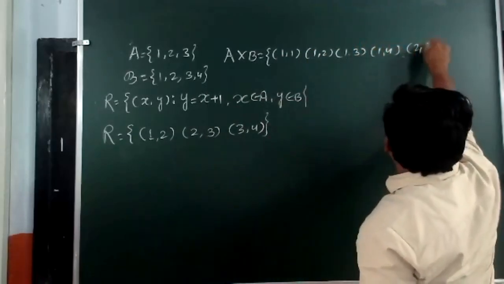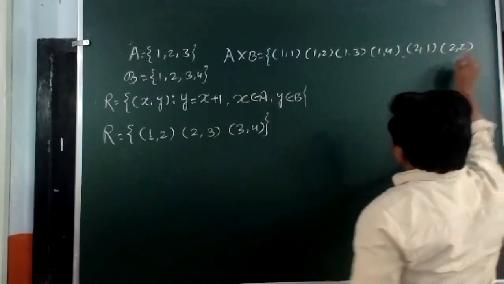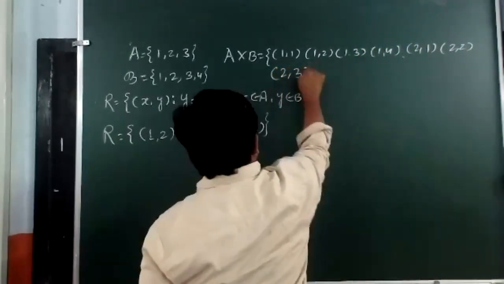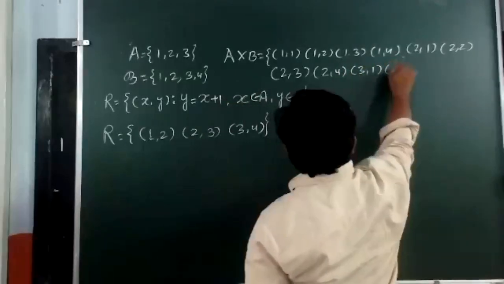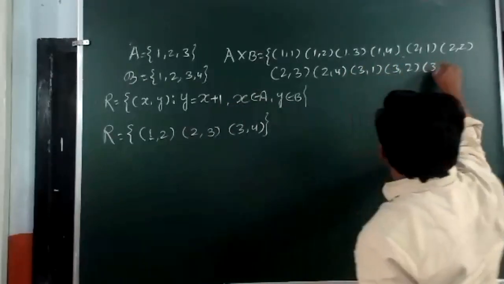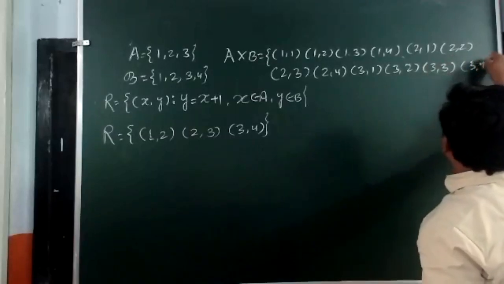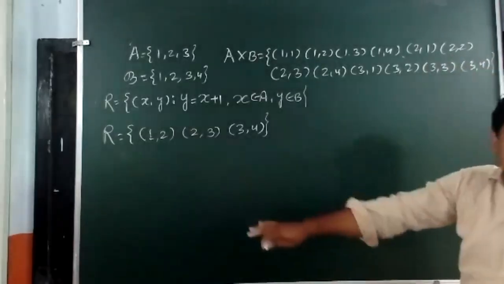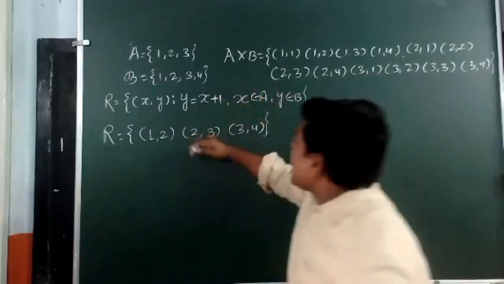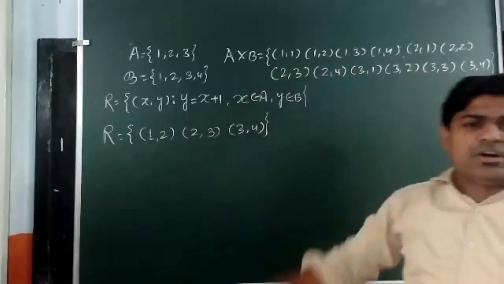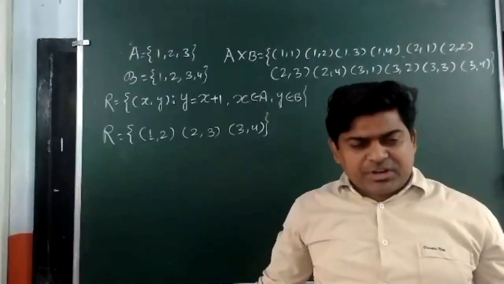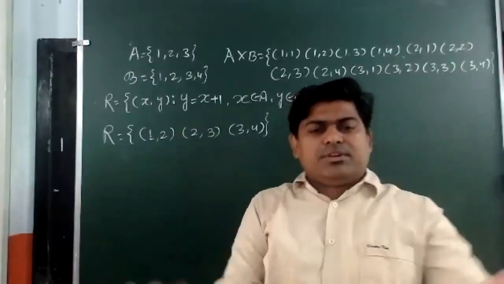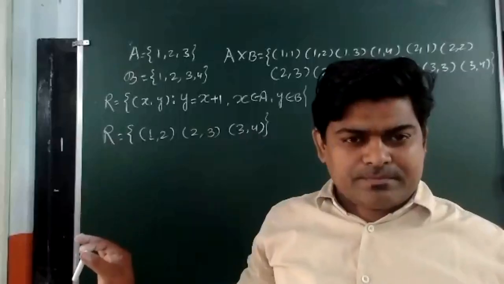Then after (2,1), (2,2), (2,3), (2,4). Then after it's (3,1), (3,2), (3,3), and (3,4). Now I'm asking you people, check whether this R is a subset of A cross B or not. I think it is. If it is, it means the mathematical definition is followed here.